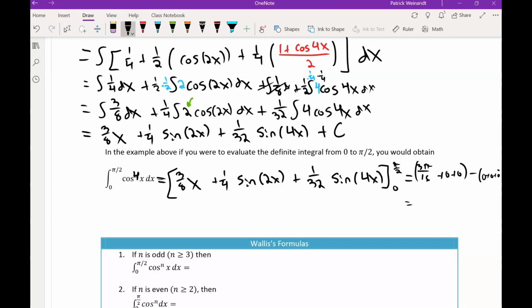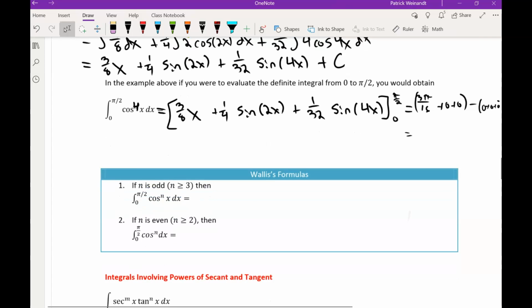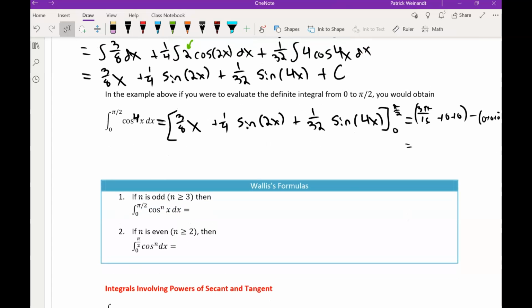Okay, we can generalize this in Wallis's formula, which can come in handy when you're doing definite integrals and you don't want to actually do them. It states that if the degree n is odd, for this cosine here, then the integral from 0 to pi over 2 of cosine to the n of x dx is equal to 2/3 times 4/5 times 6/7 times so on and so forth, till you get to n minus 1 over n.